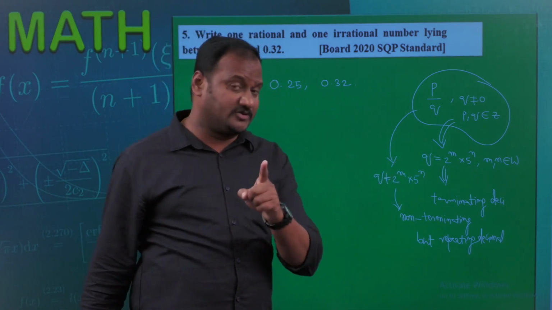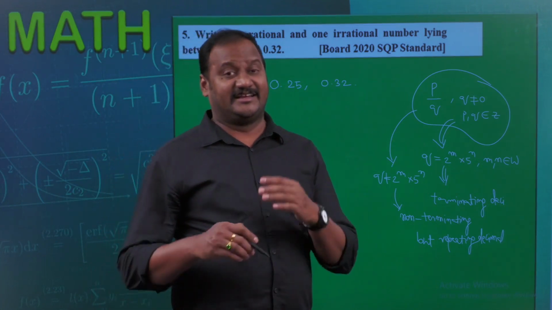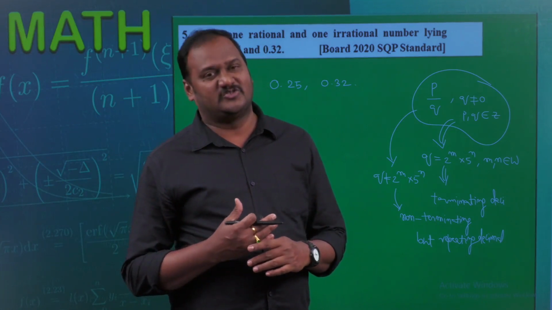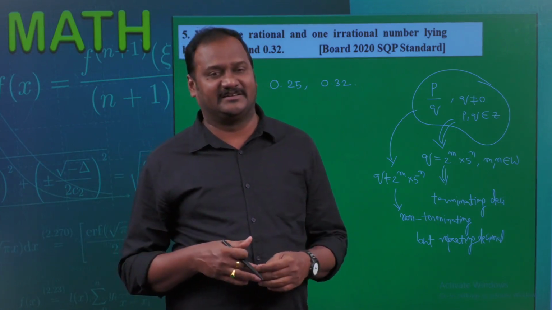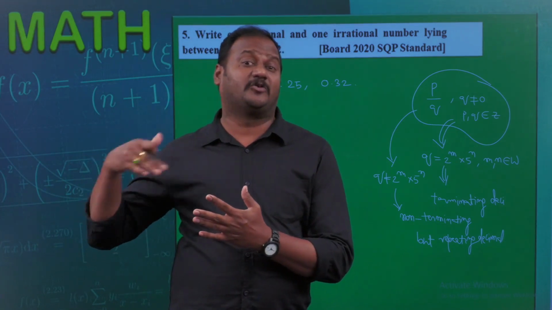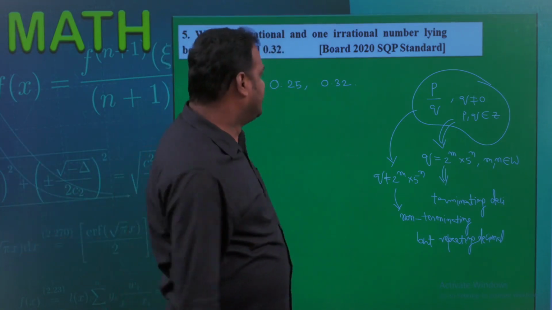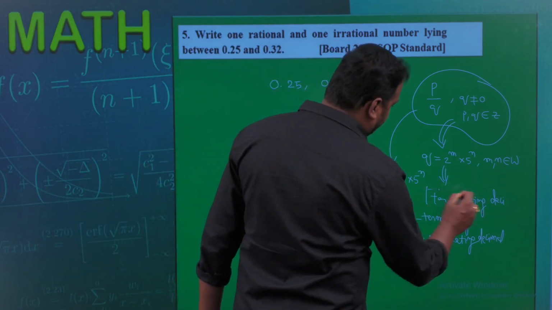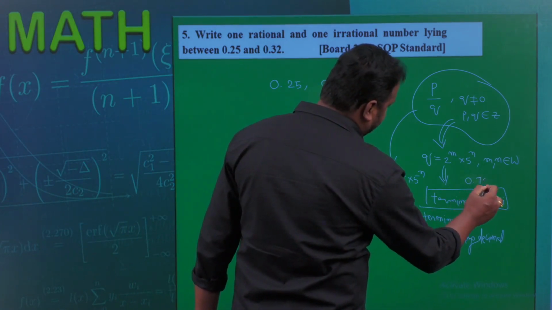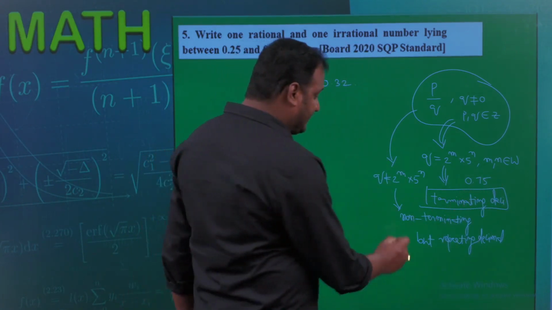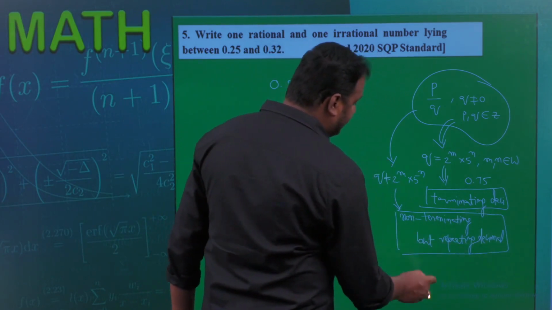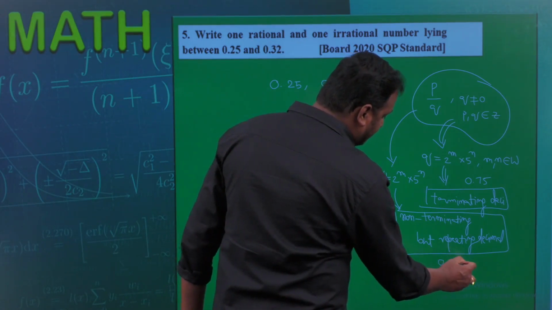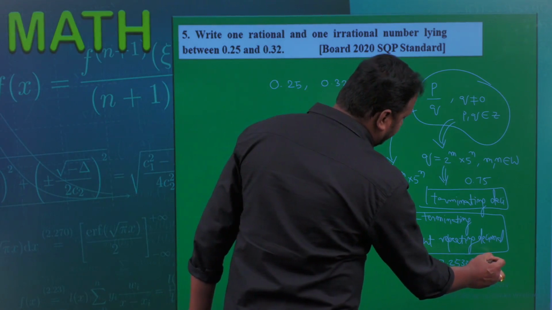But there is one more type of decimal expansion, that is neither a terminating decimal nor a repeating decimal. So what is that? The digits will not repeat in a proper order. You understand? Terminating decimal is something like 0.75. Non-terminating but repeating decimal is like 0.253253 and so on.